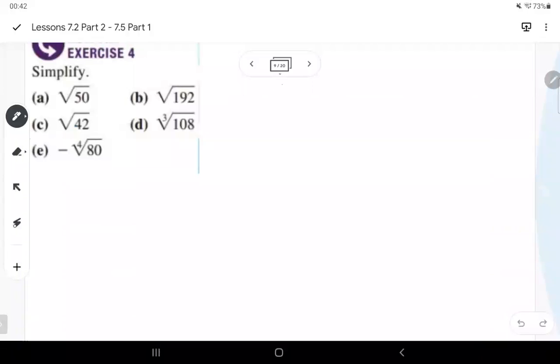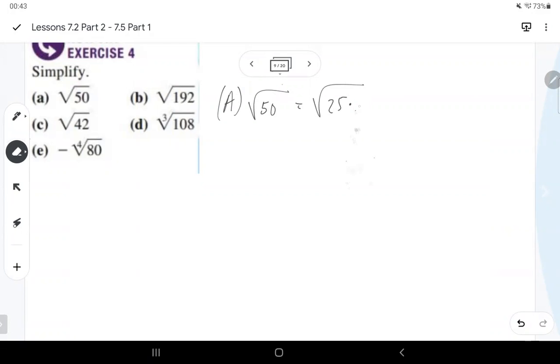Okay, so let's take a look at this. For A, we have the square root of 50. Well, we know that the perfect square within 50 is 25, and 25 times 2 will give us 50. So that is 5 squared times 2, and it's 2 to the 1st, just so that you can see that.